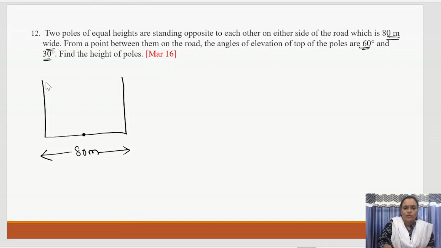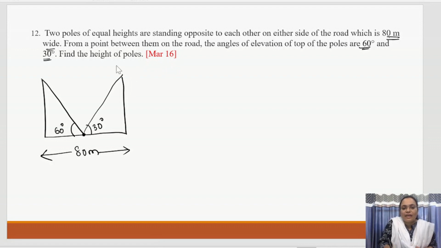Clear? One is making 60 and the other one is making 30.